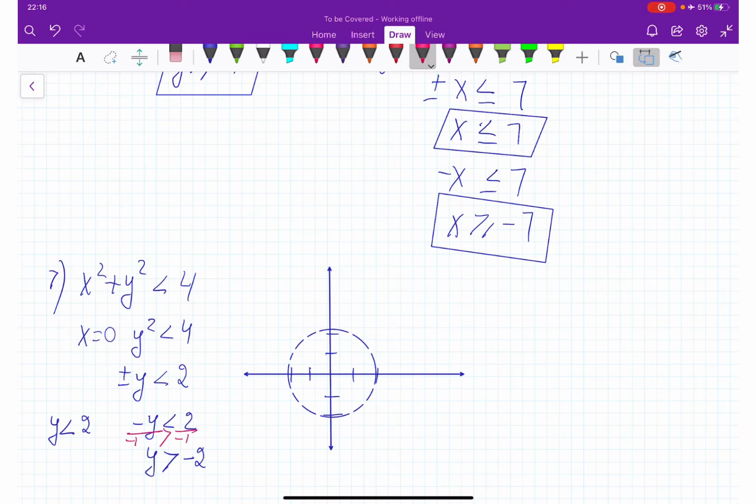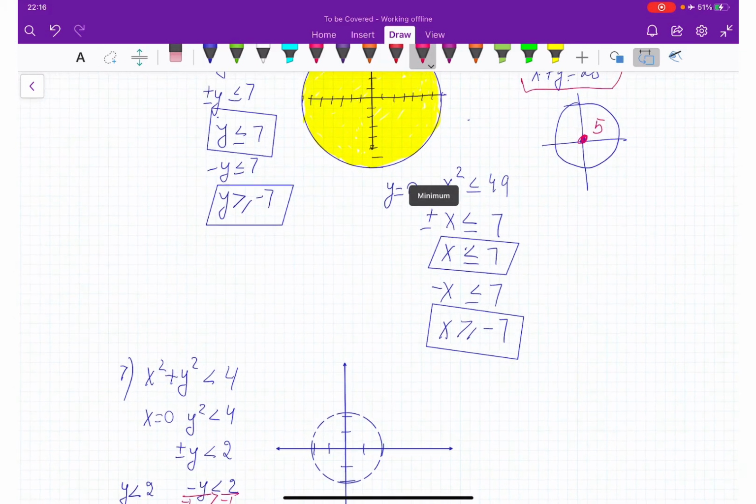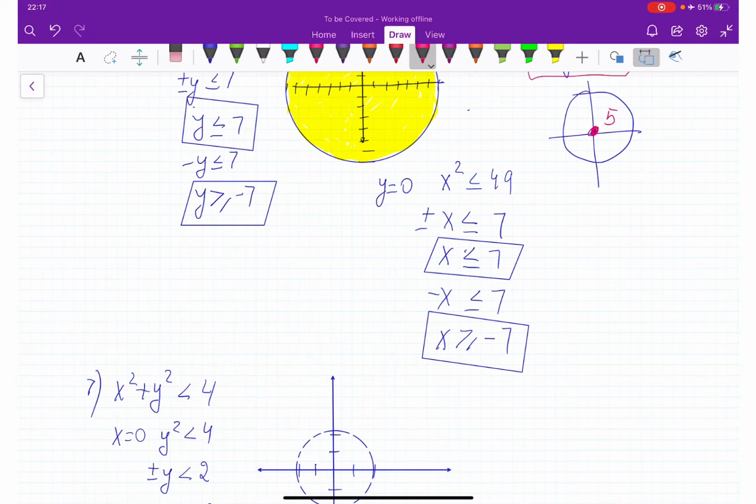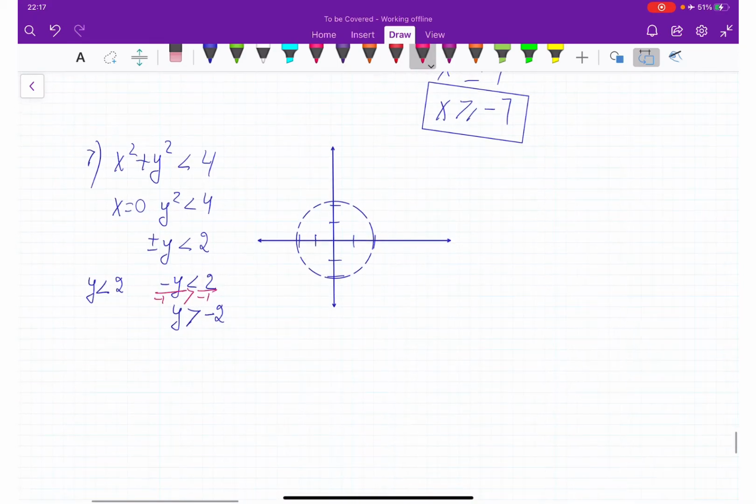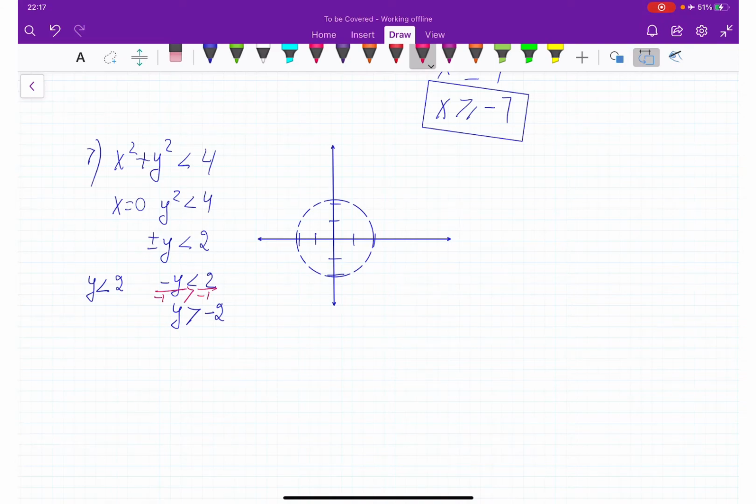That's why we get y greater than negative 2, the same as before. So we have two solutions for y: y less than 2, y greater than negative 2, and the other one we take y equal to 0.